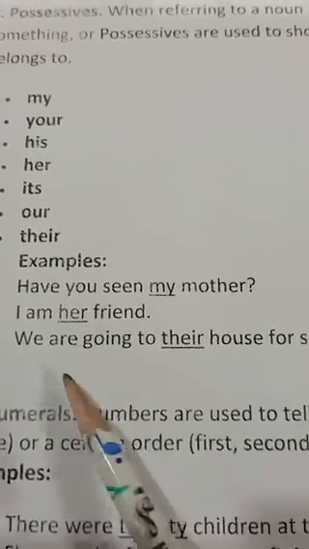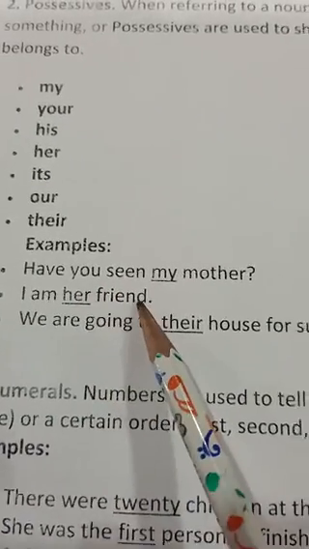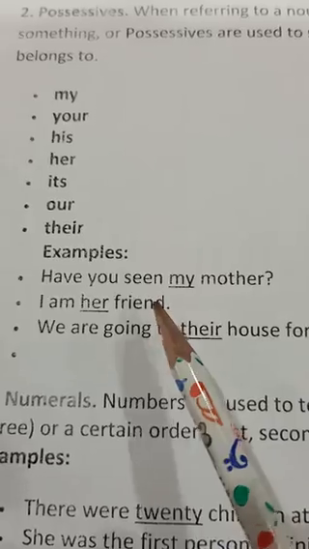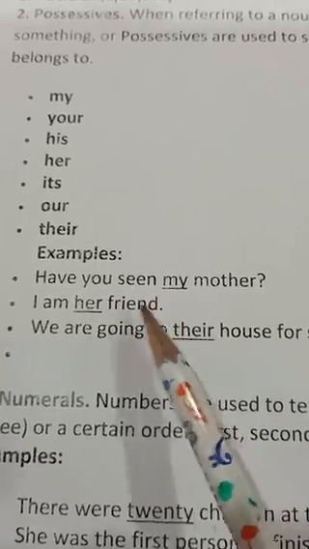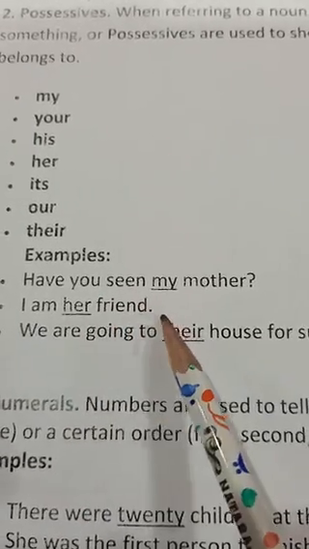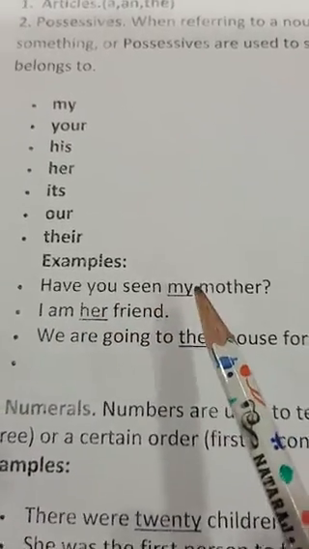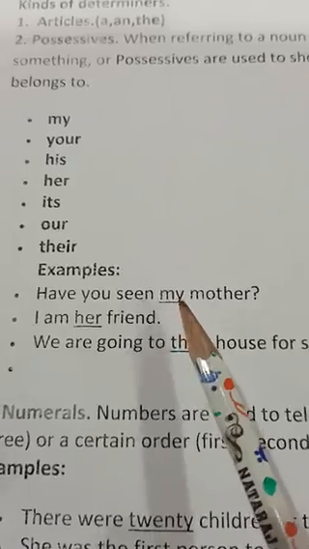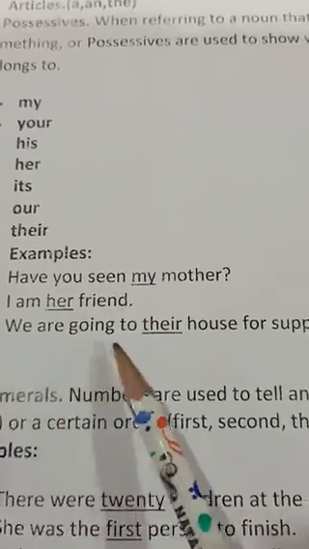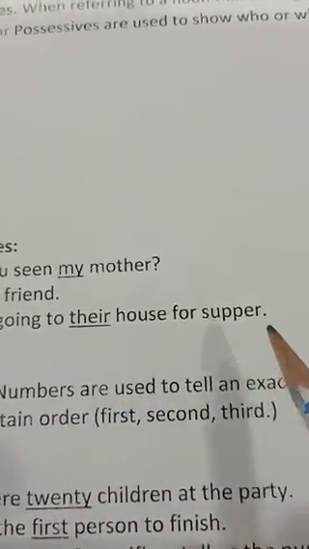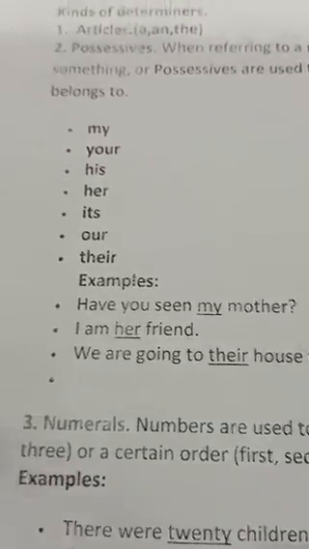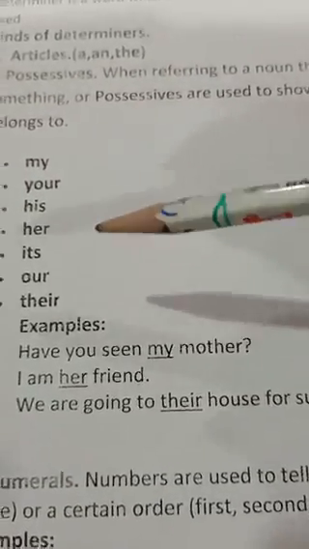Now let us go through some examples. I am her friend. Here again it is giving a limit to the noun. Have you seen my mother? Here again possessive. We are going to their house for supper.